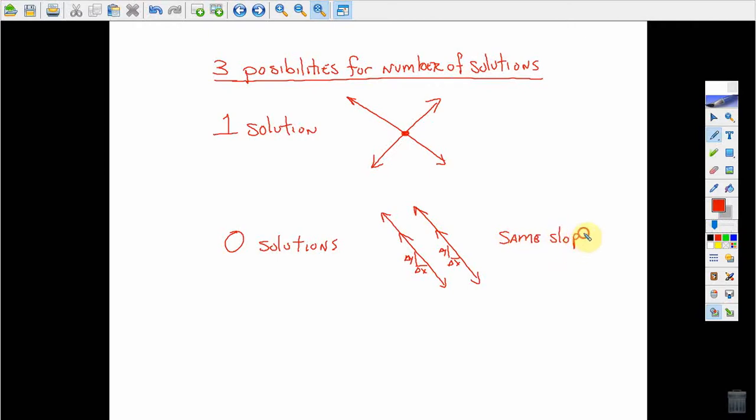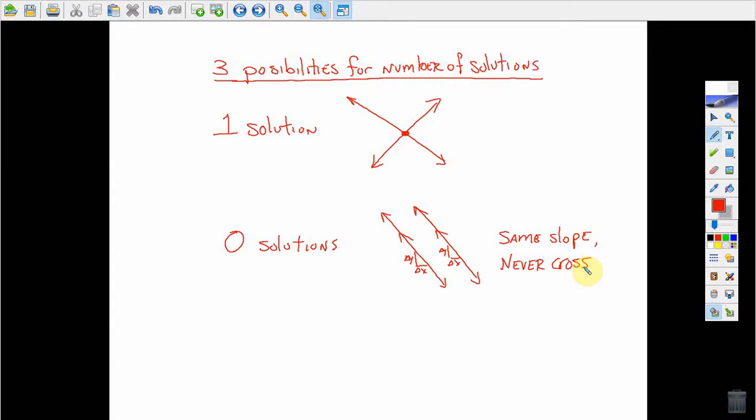Same slope. And because they have the same slope and they're not on top of each other, they never cross. And since a solution is where the lines cross, this has zero solutions.